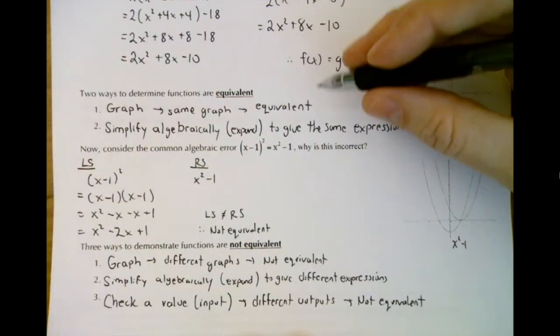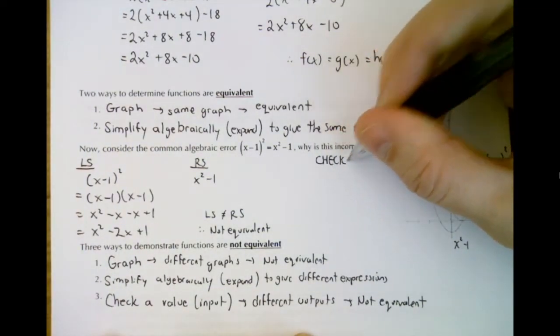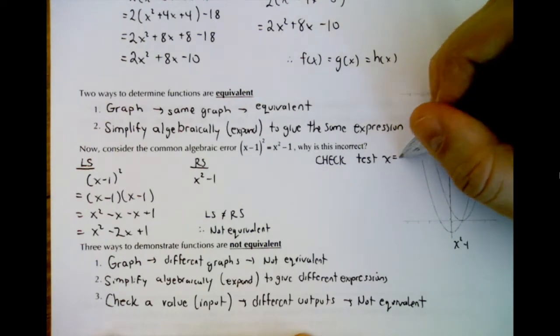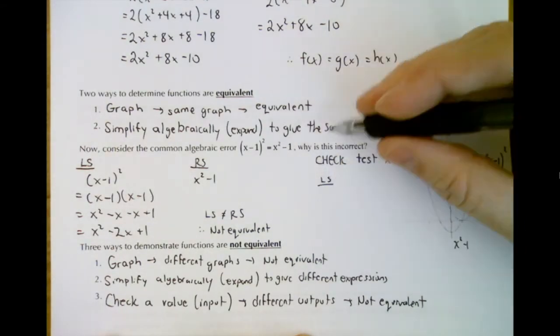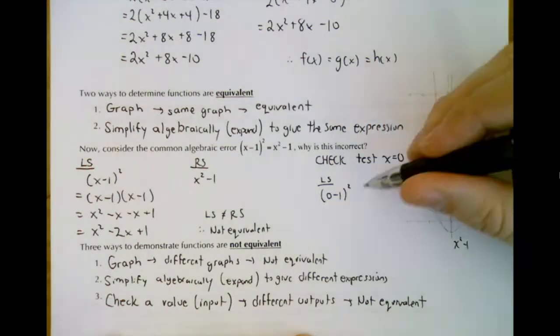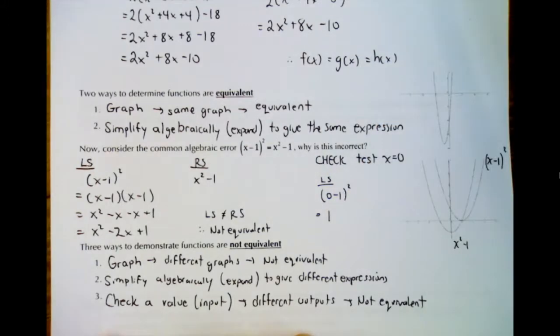So here, let's do a check. Let's test a value. So let's test x equal to 0 and see what we end up with. On the left side, that would be (0 − 1)². 0 minus 1 is negative 1, and negative 1 squared is 1.